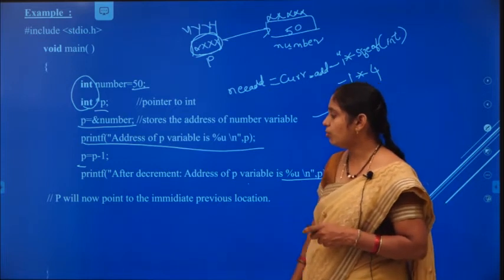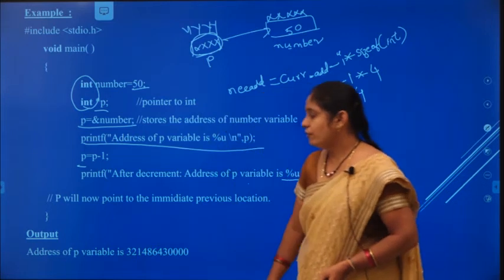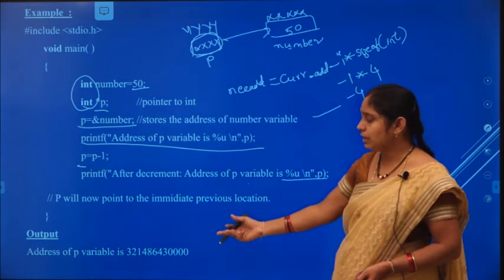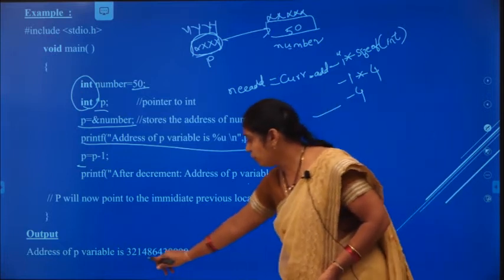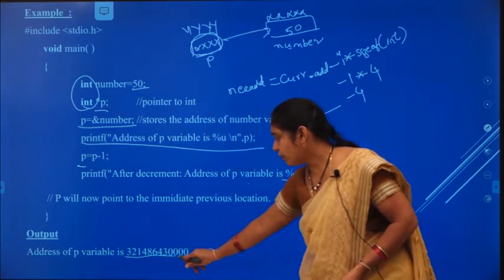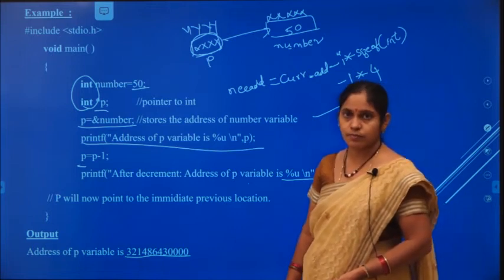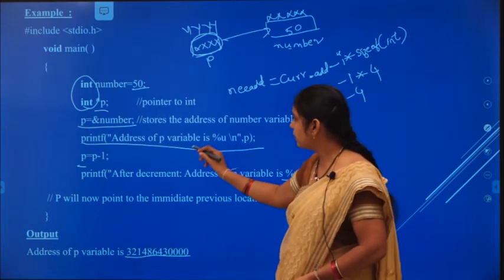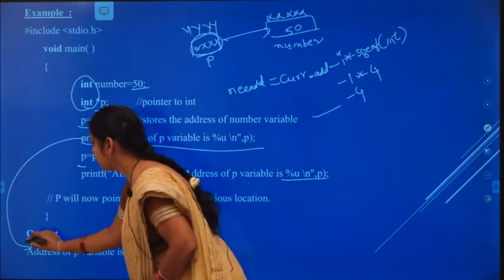Just see the output of it. The value of p, nothing but the content stored in the p variable, assume it is 3214864300 or some zeros. The output of the first printf statement is this.